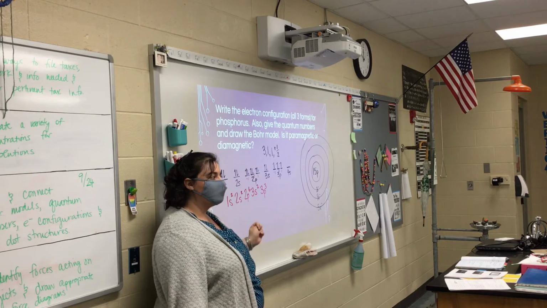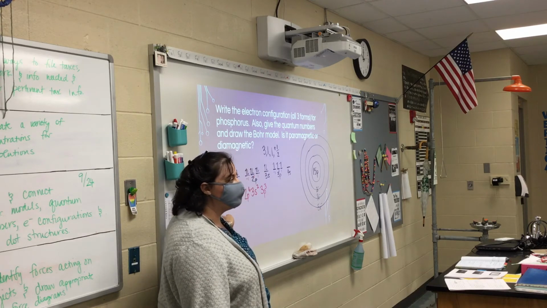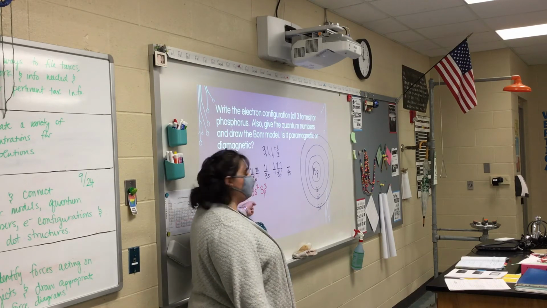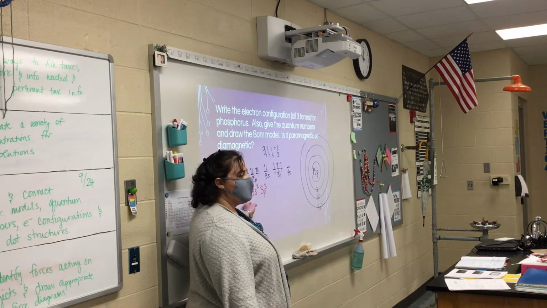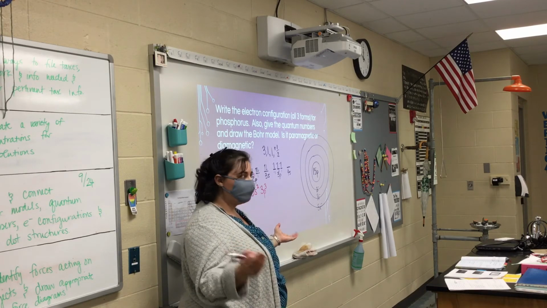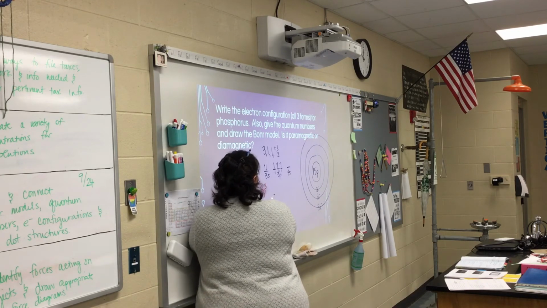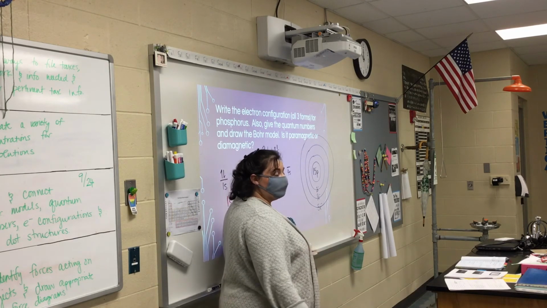So where do I have a p6 with the highest energy level? 2p6. So 2p6 is neon. I can figure that out by counting my electrons. 2 plus 2 is 4 plus 6 is 10. Neon is number 10.